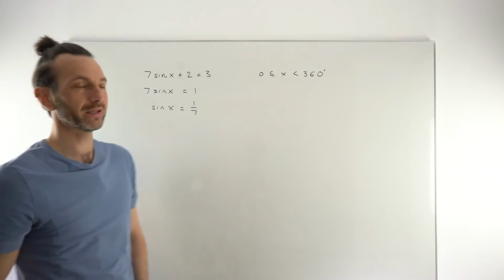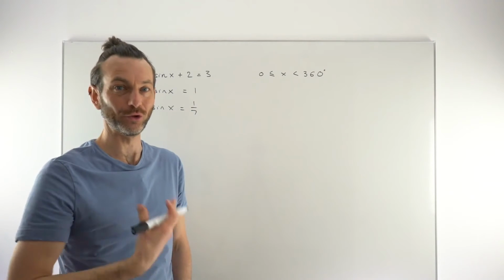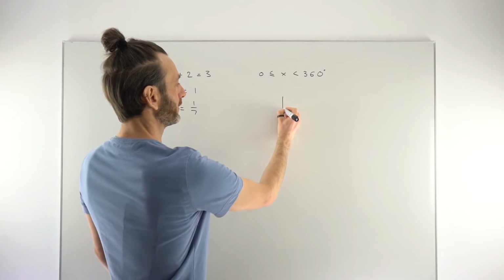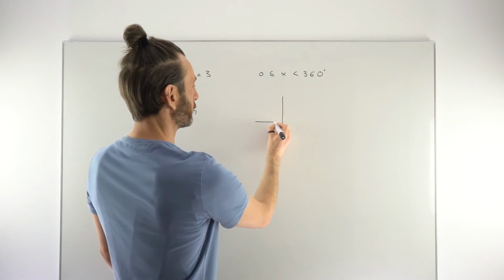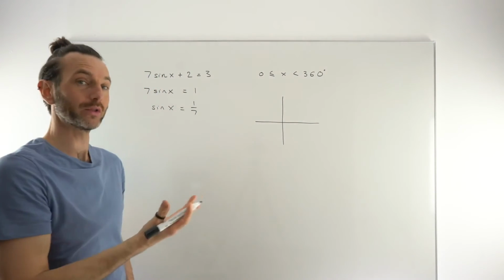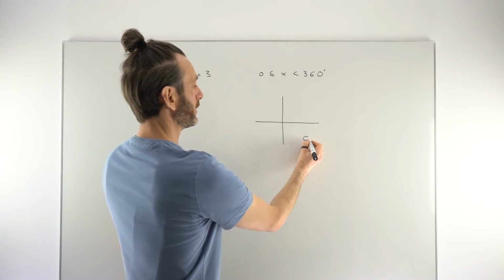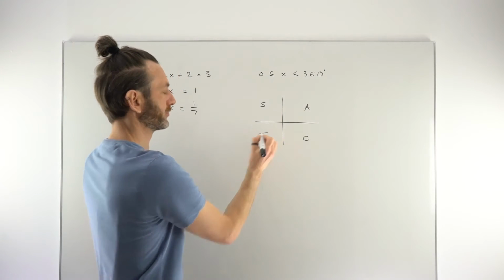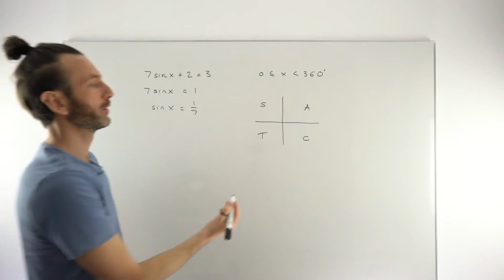And really at this point, this is where you need the CAST diagram, the dreaded CAST diagram that everyone hates. Remember, the CAST diagram doesn't generate any marks. It's just a way of predicting where the solutions are going to be. That helps you particularly for finding the second solution, but also validating the first solution. So you just need to know how to draw the CAST diagram.